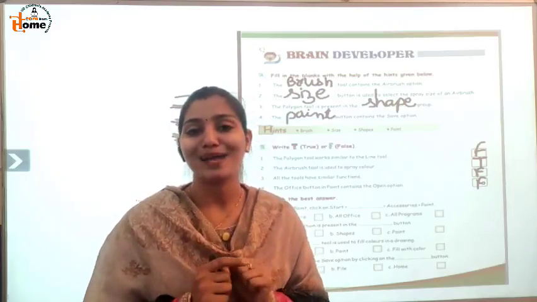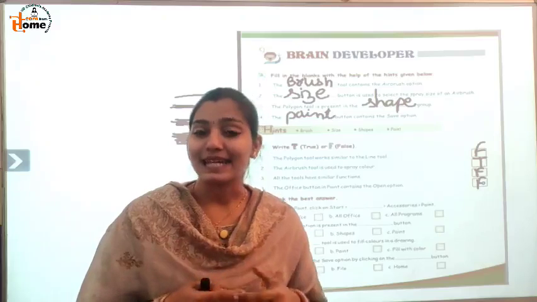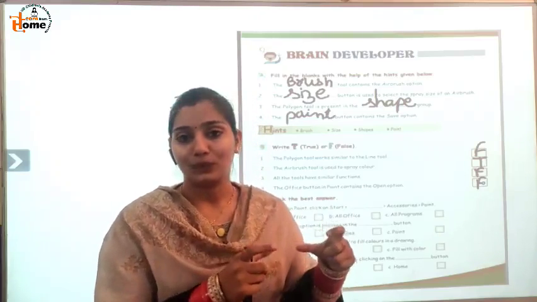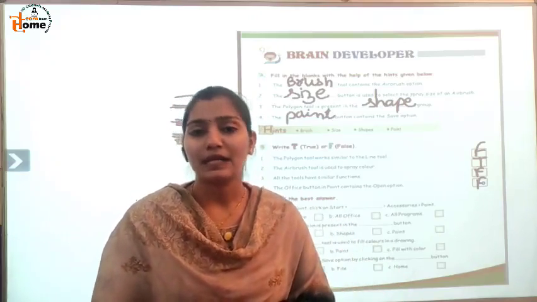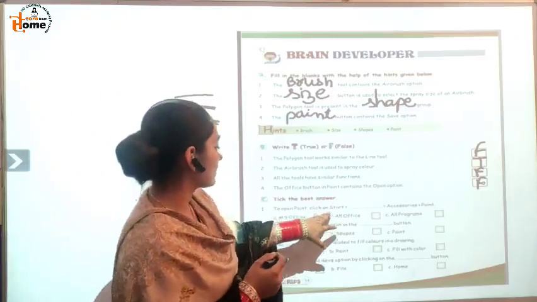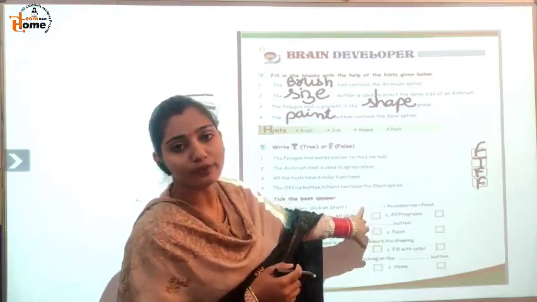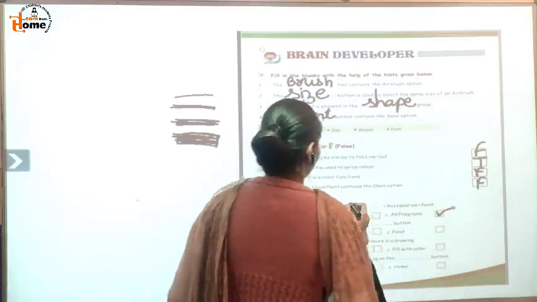All programs. Very good. Then accessories, and in accessories you will find the option paint. This is the simple way to open the paint. So, second, click on start, then all programs. Here must be all programs. Option number C is correct. All programs.